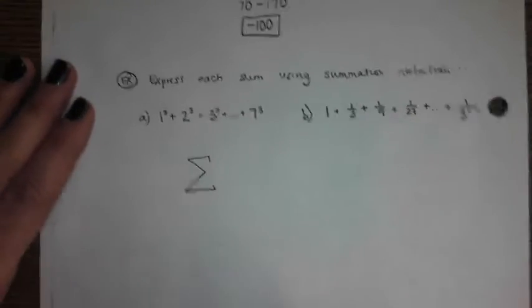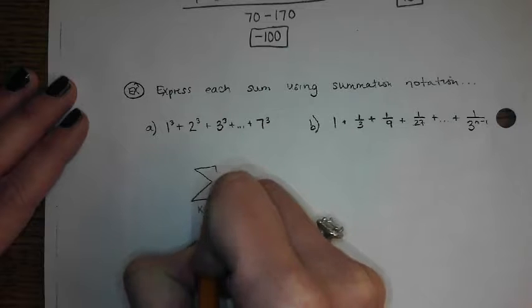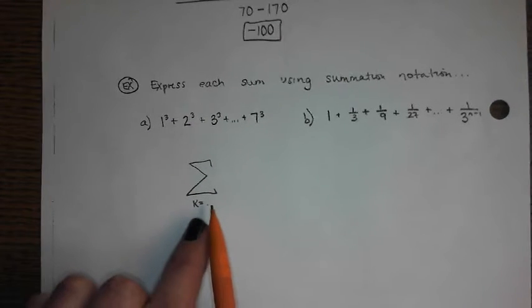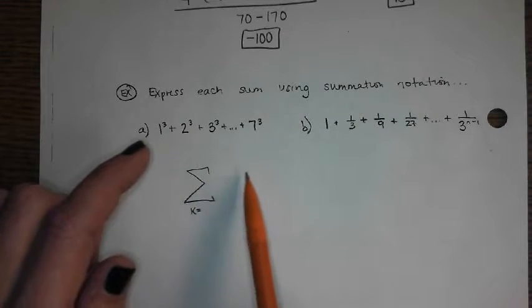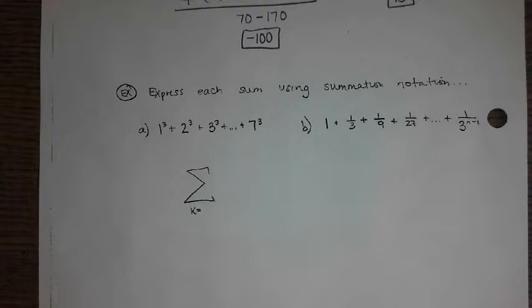I'll stick with k. So thinking about what do we start by plugging in, and we plug in all the way up to what number, and then what's the expression we're plugging into? Who thinks that they can? Let me give you 30 seconds to play with it on your own, then I'll call on someone.